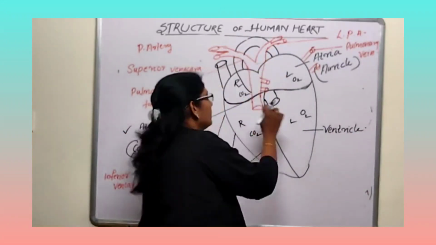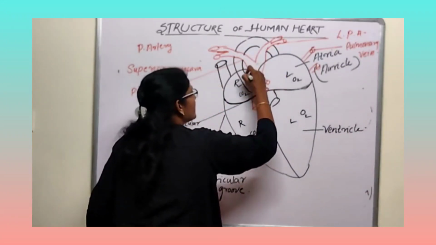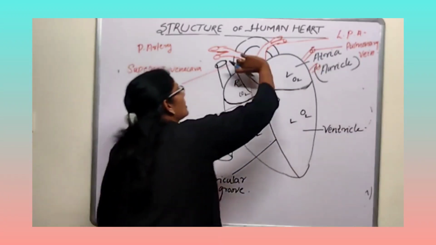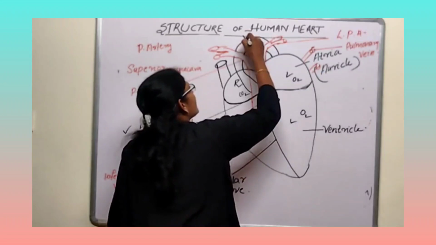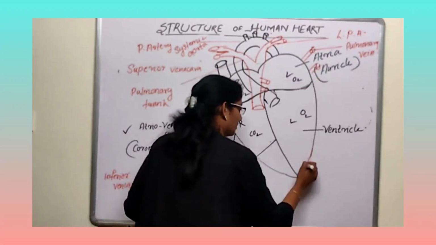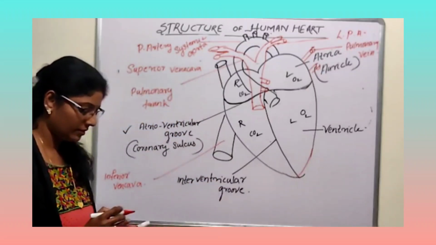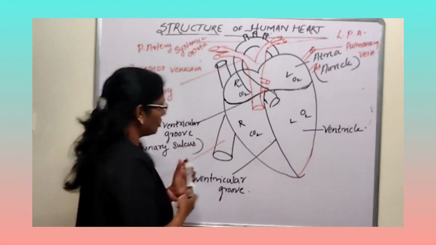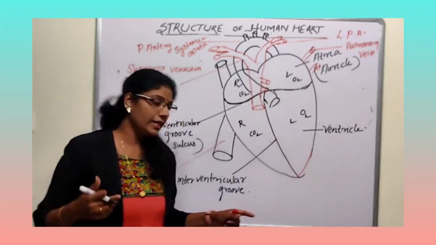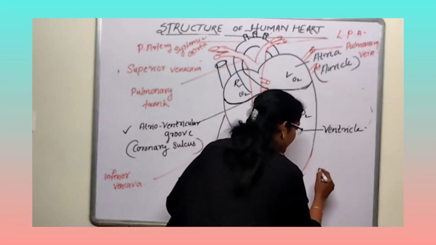Like this, another blood vessel will go from this left ventricle. Okay, so this one is called the systemic aorta. We will see the systemic aorta portion once again, because it also has many different regions.